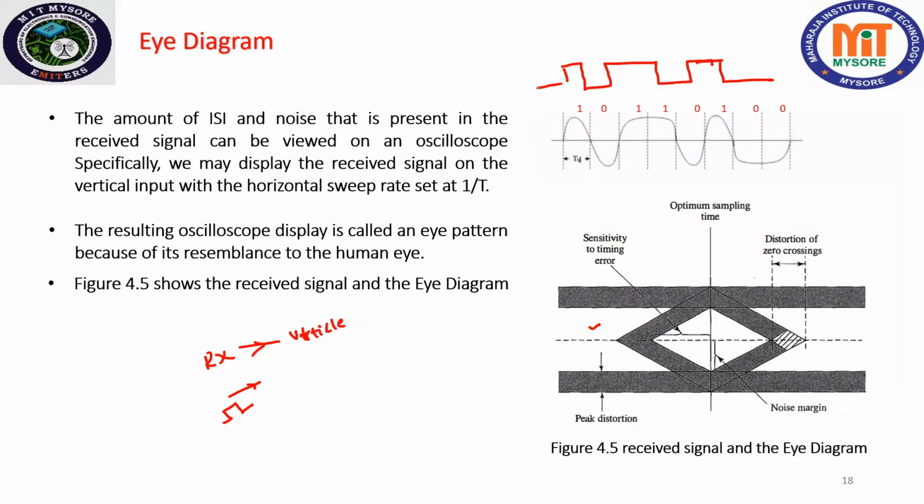So this might be our transmitted signal, whereas the received one is this one. So if this signal is sampled at intervals t and overlapped on one another, what we get is this particular eye pattern. So let me do that.